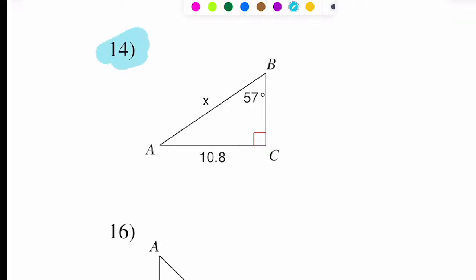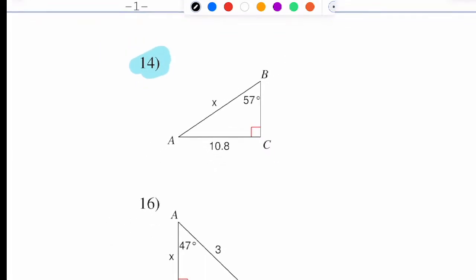Christine, did you want to try this one since you're the one asking? Sure, try it. Yeah, go ahead. Try 14 and 16 if you like. Do 14 and 16, and I can take them up.